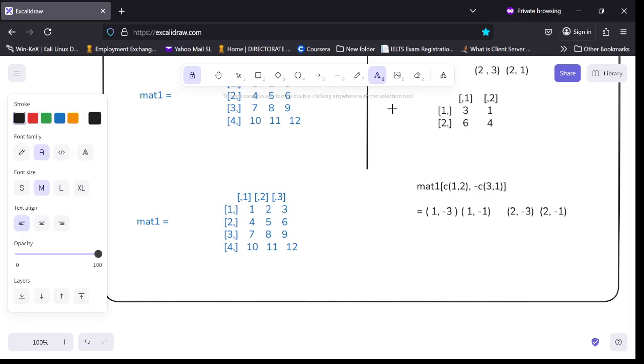So first row and second row, remove first column and third column.